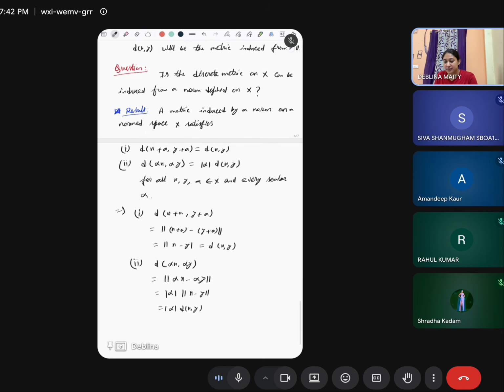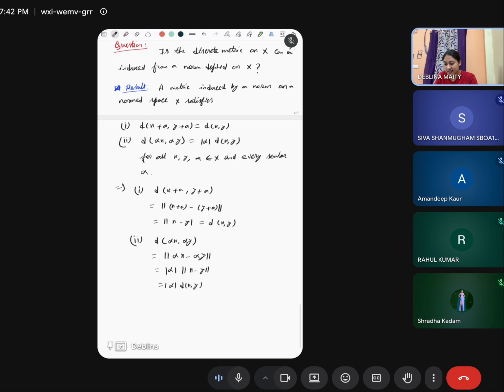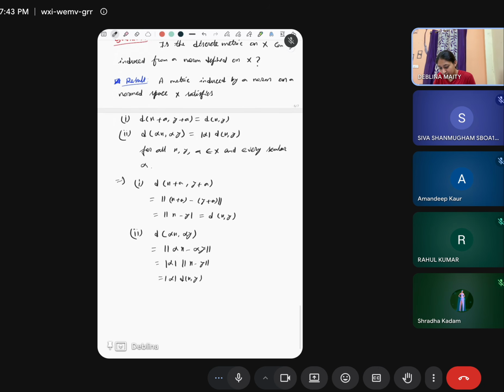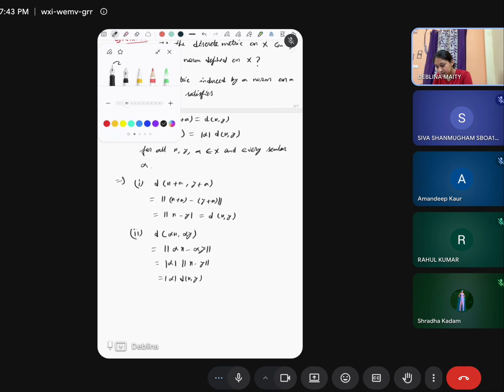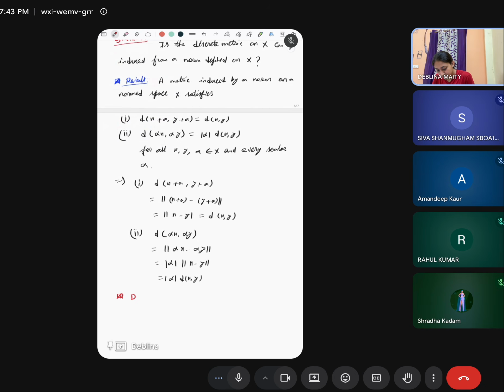So now if the discrete metric is induced from a norm, then this metric d has to satisfy these two conditions. So we'll see if this metric satisfies them or not. Now for the discrete metric, it is 0 if x equals y, and 1 if x not equals y.